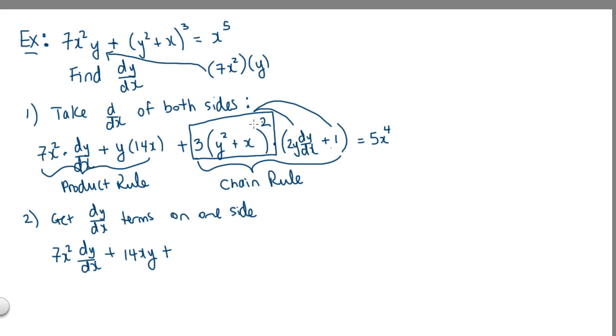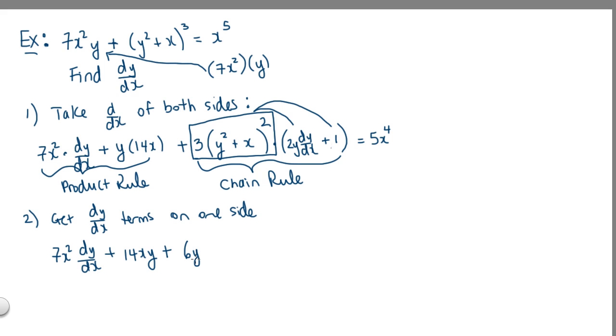Okay, one of these terms will end up being a dy by dx term. The other term will end up being a non-dy by dx term, and we need to get those 2 terms separated. There's no need to fiddle around with what's inside this box. There's no need to expand this square because these are all non-dy by dx terms. Okay, so let's do this multiplication. Let's think about just multiplying the 3 times the 2y.